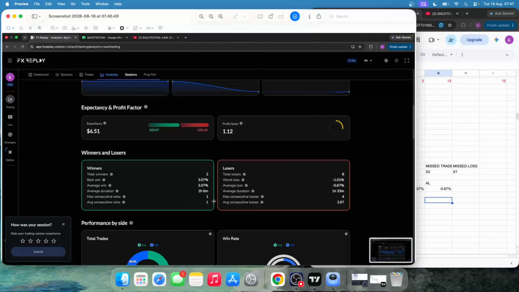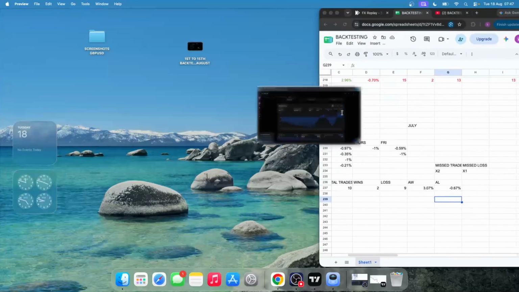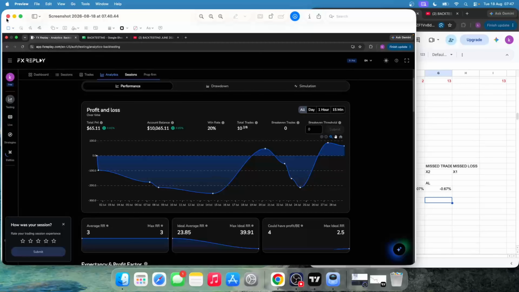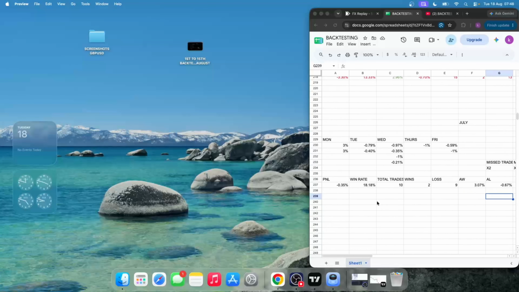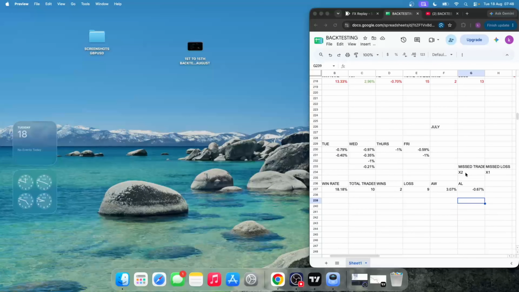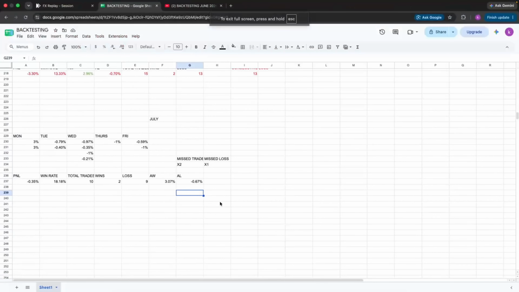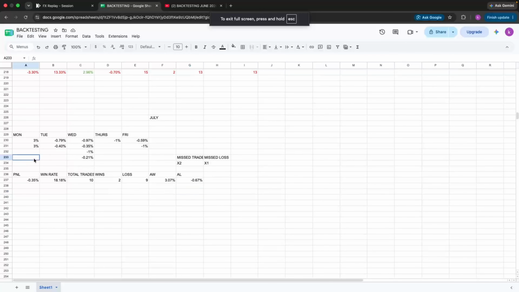Top 10. Consecutive losses, I don't need to write that because it's 4, so it's not anything unbearable. Anything else I need to write from here? No. And I had 2 missing winners, so that would have been 6R. This would have been -1, so we could have ended the month in 5% profit, to be honest.